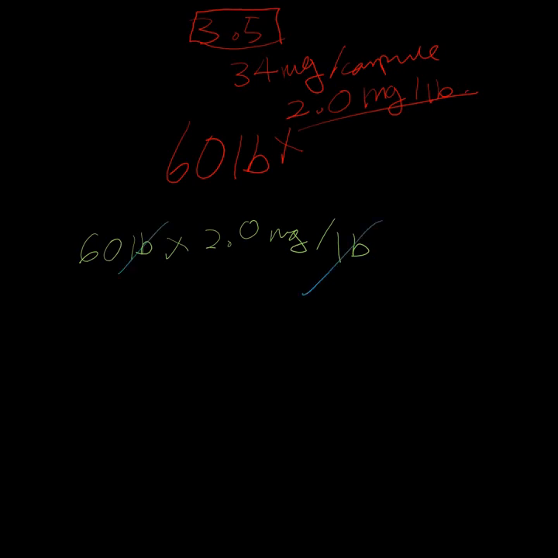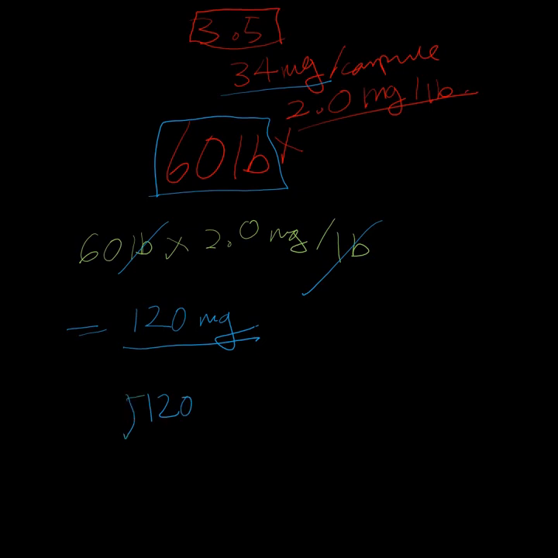Pounds cancel, and we get 120 milligram. So we can give 120 milligrams of the lidocaine for this 60 pounds patient. So we need to divide this by 34 milligram. So 120 divided by 34.